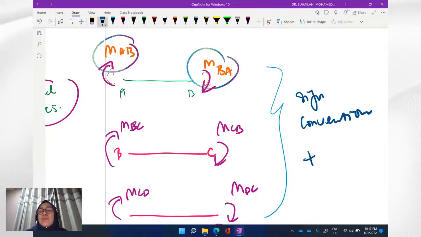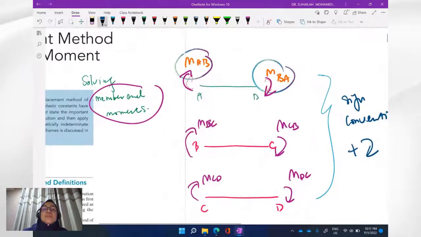Clockwise positive. The sign convention that we use is clockwise. So if we have a moment which is negative, it means it is counterclockwise.